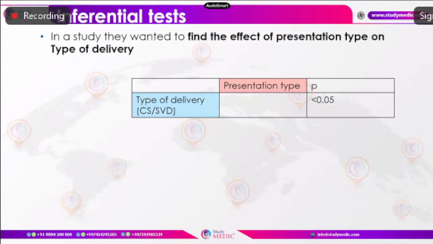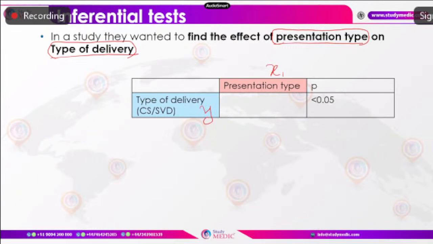Now, in a study, they wanted to find the effect of type of presentation on type of delivery. Now, what is the dependent variable? The dependent variable is the type of delivery, and the independent variable is the type of presentation. The type of delivery is cesarean or spontaneous vaginal delivery, so it is a categorical variable. So the dependent variable here is categorical. The independent variable is also categorical.